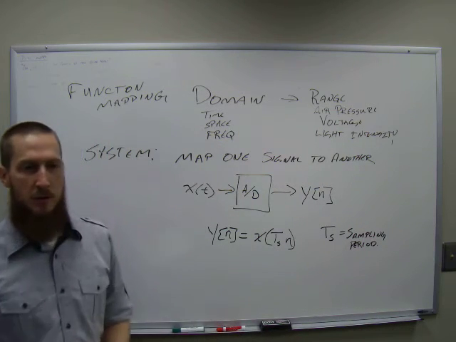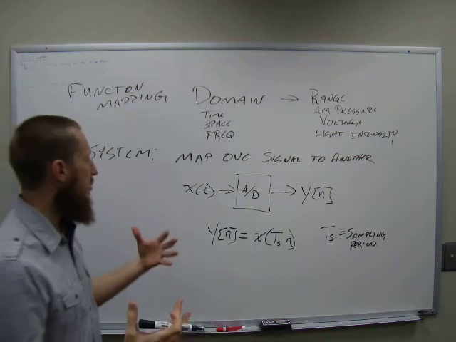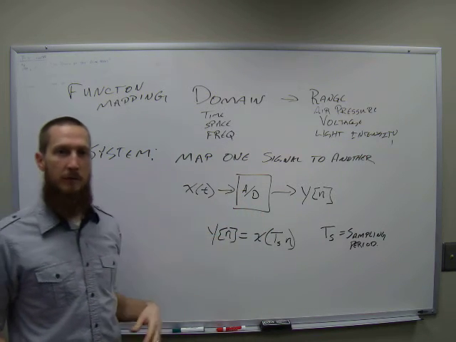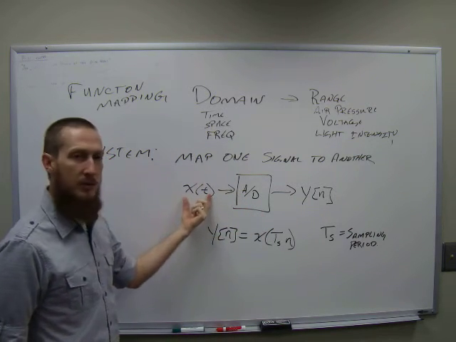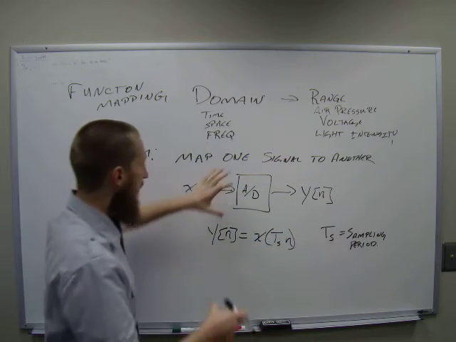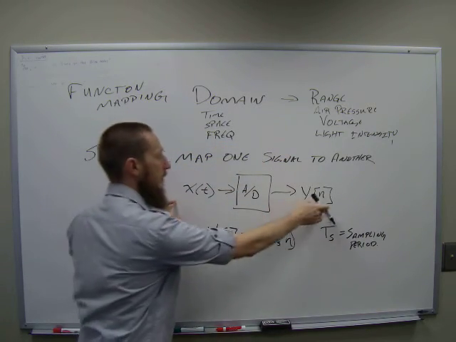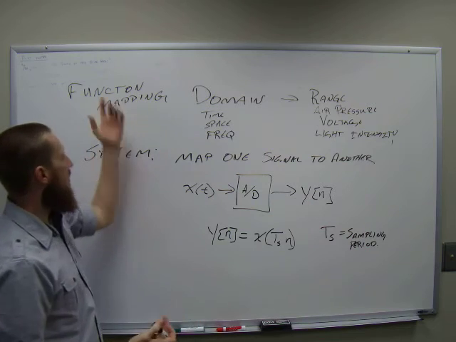So let's look at this equation for just a second. This is the equation that describes an analog to digital converter. We're going from a continuous time to a discrete time, and this is the system, and these are both signals that we're representing as functions.